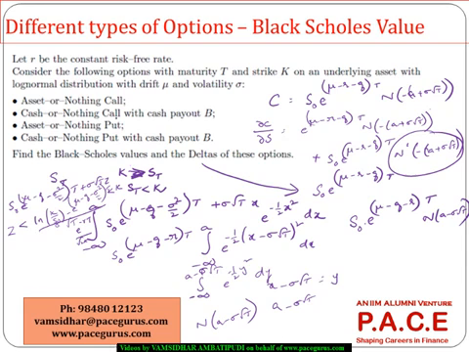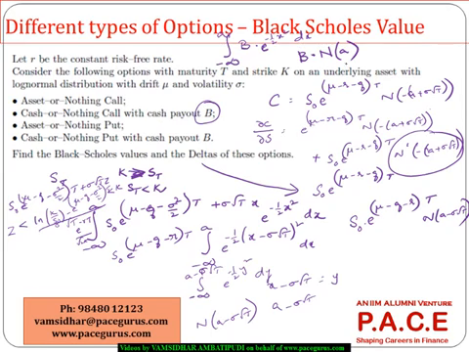But when we are looking at cash or nothing call with a cash payout of B, the only thing that is coming out in that case is I am integrating, let's say, between minus infinity to a, all I am integrating is B times e to the power of minus half x square dx. So it is coming out as B times N of a.